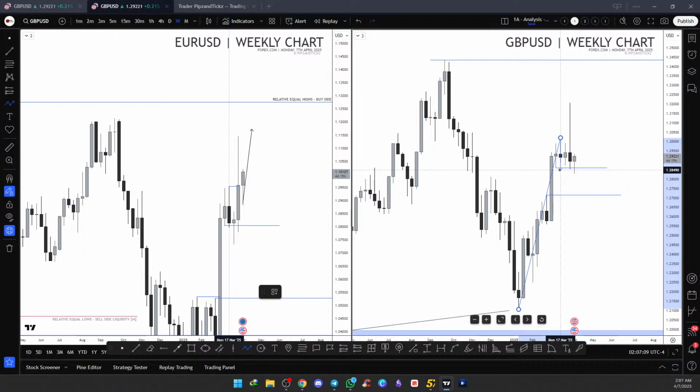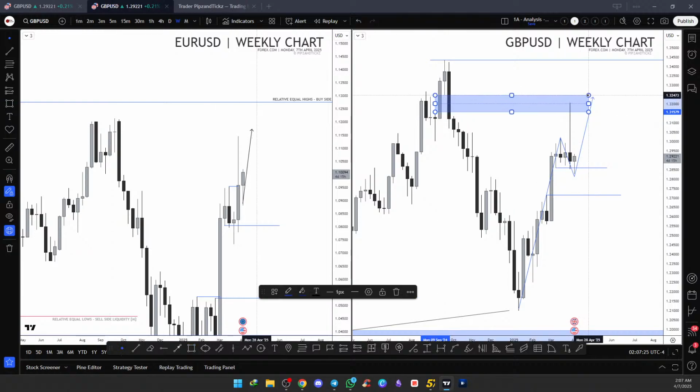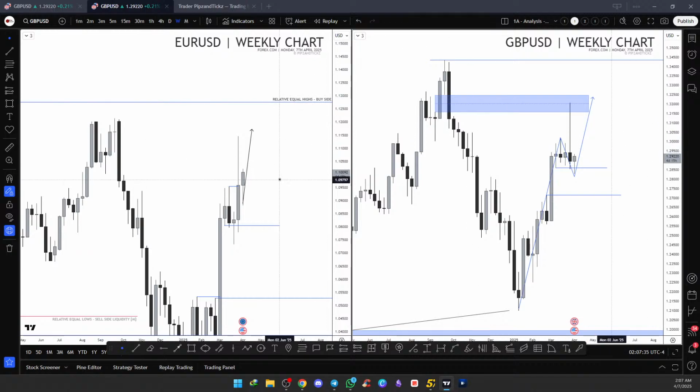This fair value gap here, and it came down to take the internal liquidity. Now what we can expect is price to take out external again. Okay, here we have this BPR. We will be expecting price to trade into this level again, or probably break this level. So this is the expectation in the weekly time frame.